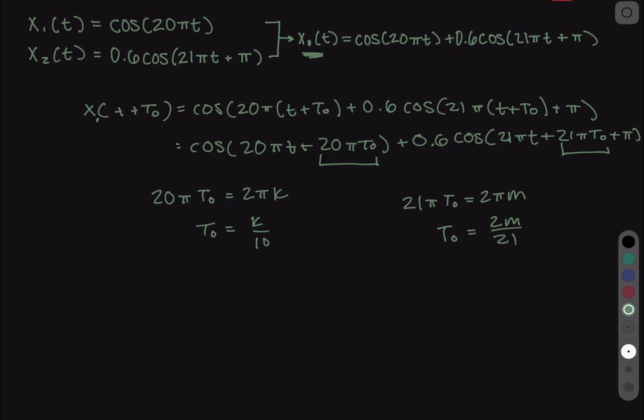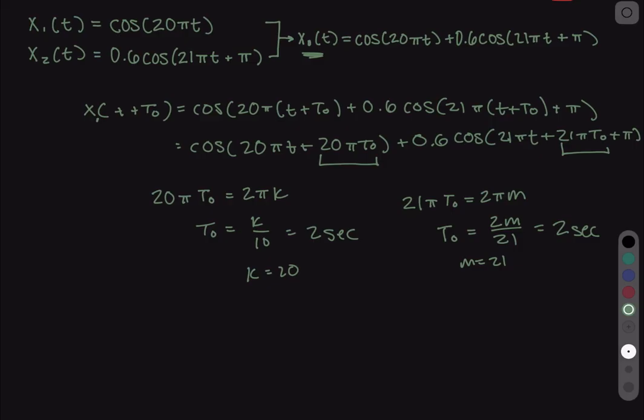So for that to work, we need our m to equal 21, which cancels the 21 and leaves a fundamental period of 2 seconds. And this means that our k has to be 20, and there we have our t naught.